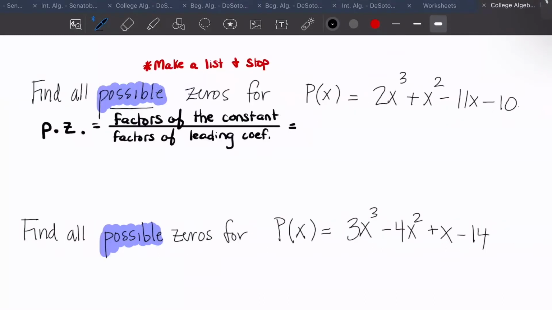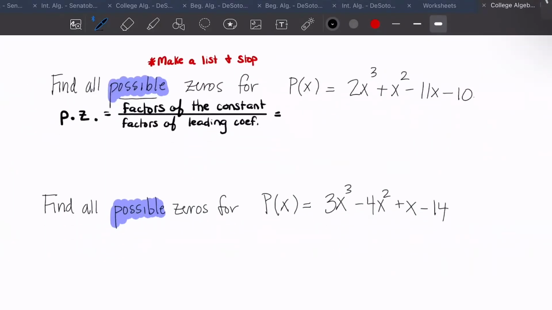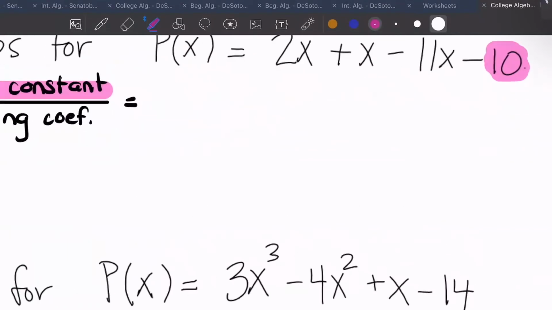The factors of the constant are factors of your number that's all by itself. That is your constant. The factors of 10 are 1 and 10, 2, and 5.